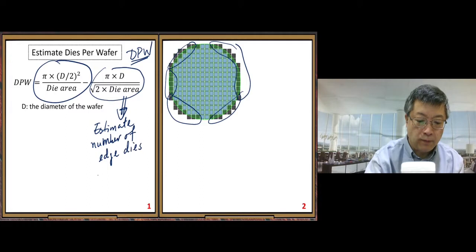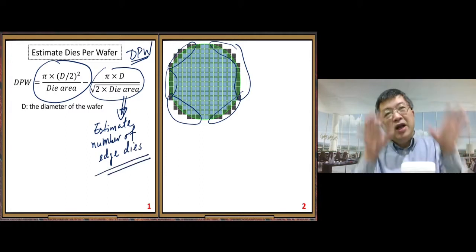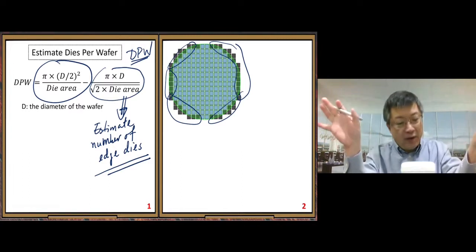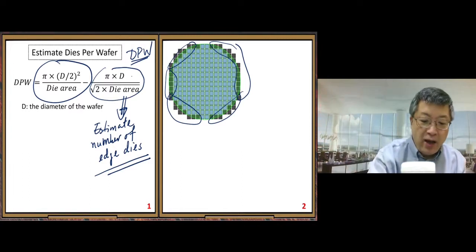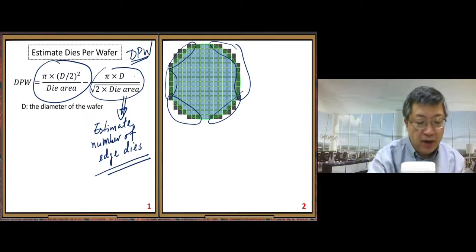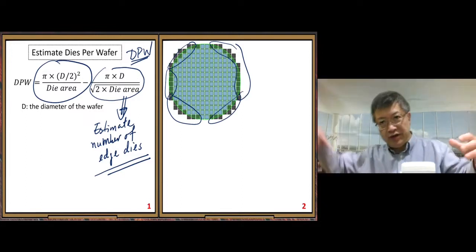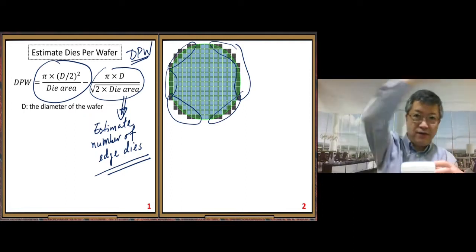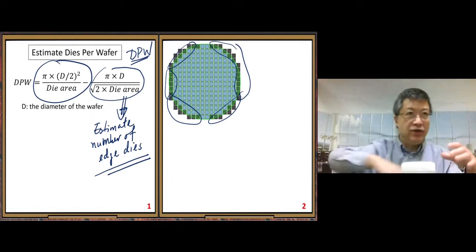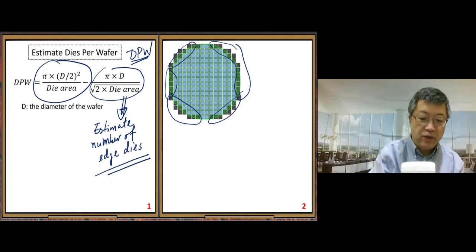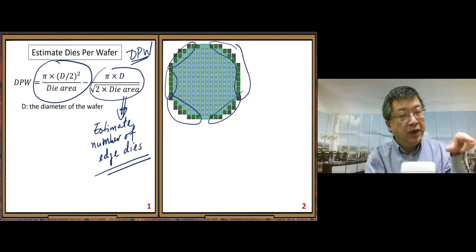Okay, correction term. How do we estimate the number of edge dies? Pi times d, the diameter. This is the circumference of the circle, the total length of the boundary of the wafer, divided by the denominator.